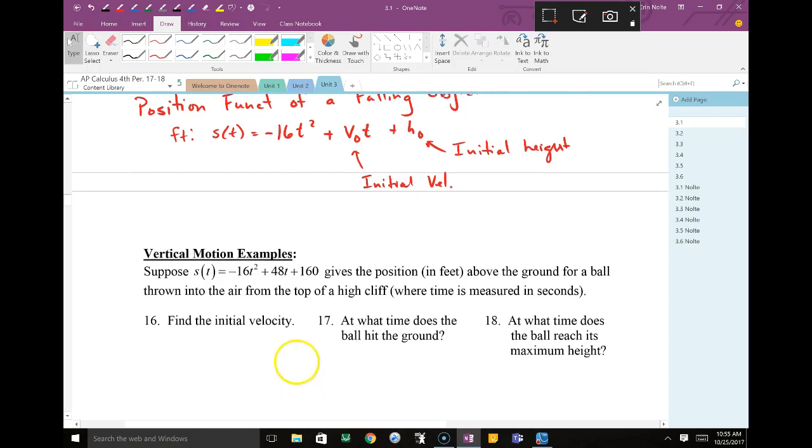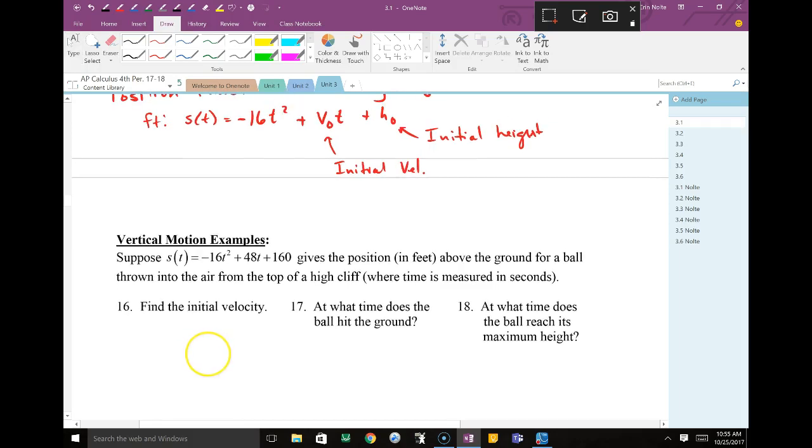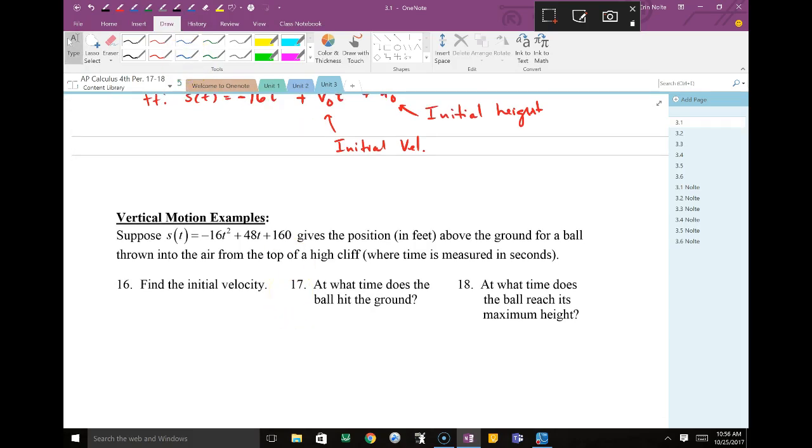Right? Okay. Find the initial velocity. So how do I find the initial velocity? Knowing that I just told you what everything is, we know that it's 48. To prove it using calculus, we'd find the velocity.